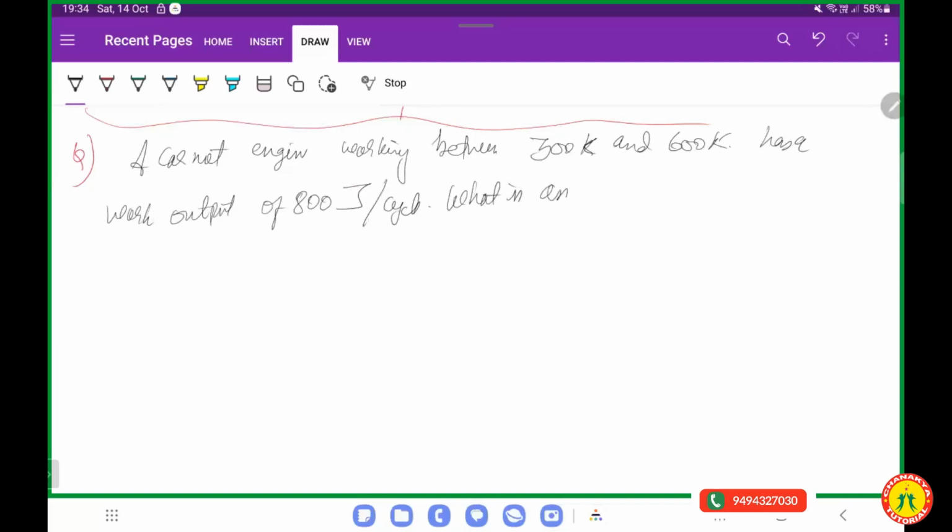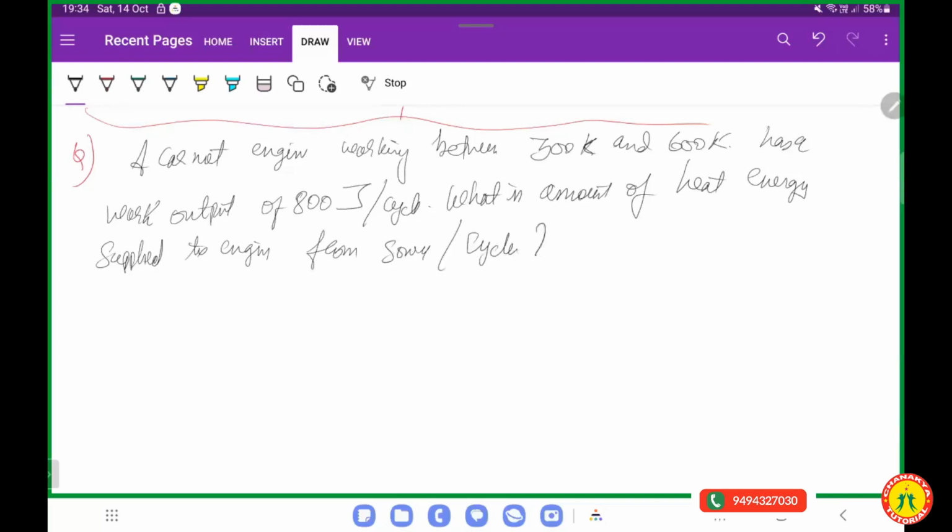What is the amount of heat energy supplied from the source per cycle?